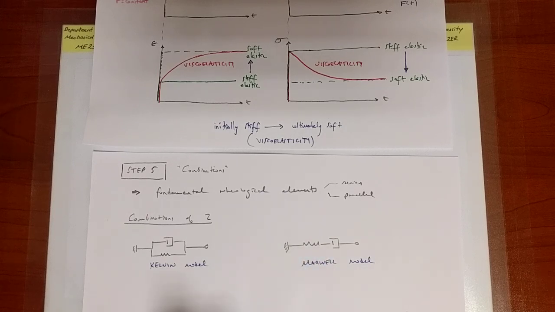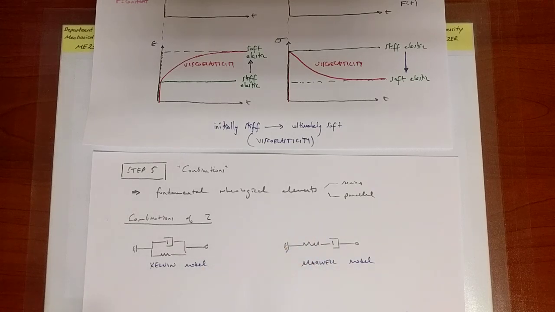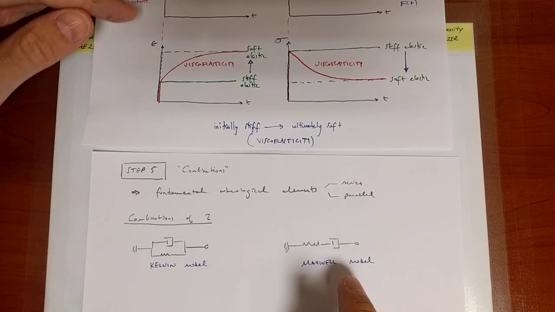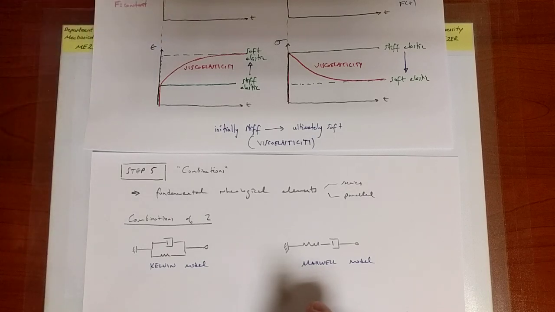Let's start with the Maxwell model. After a single rheological element, these are combinations of two, one of the two possibilities. Now I want to look at the situation where we have a creep experiment. I impose a certain amount of stress, and this is how I expect the strain to change.